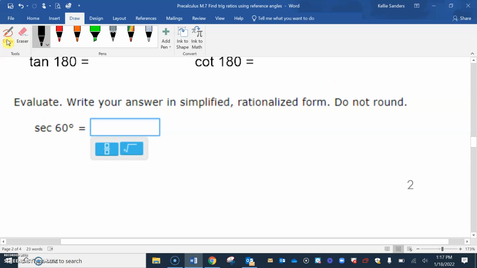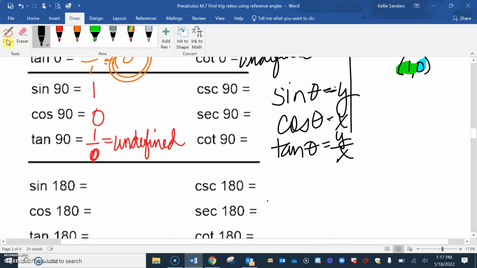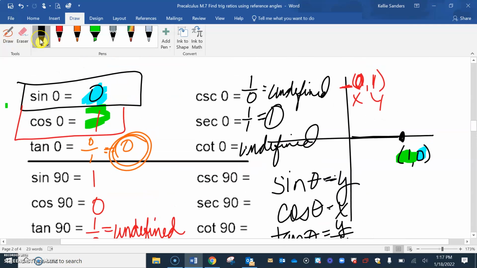Alright, so here we go. Secant 60. I've already given you this on the list. Oh, wait, before I forget, sorry. So radians.